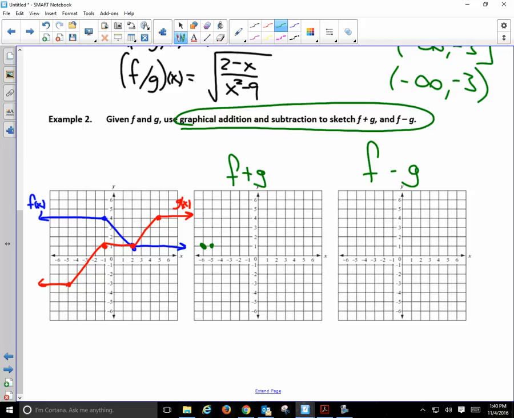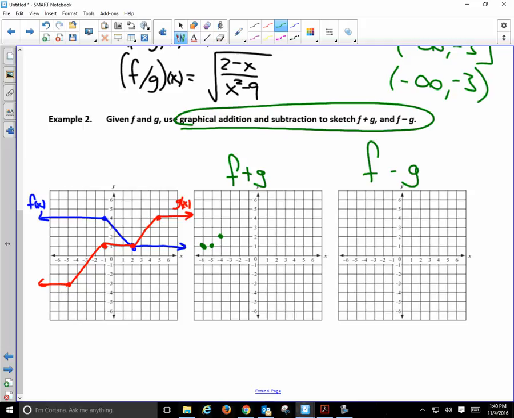When I move over to -4, what's the f value? 4, but what's the g value? So that gives me 2. Yes, Carter, it is simply just the average. You're averaging the value of the functions. I'm sketching the graph of what it would look like if I were to add them together.